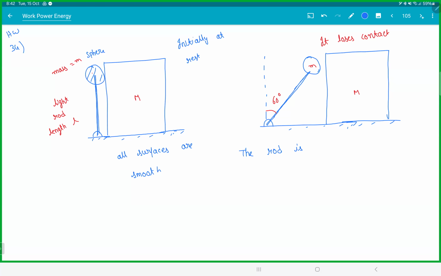Initially, both are touching each other. The rod is slightly disturbed. A gentle push, almost zero velocity, which then pushes the block. So the block also will start moving. They lose contact when the angle becomes 60 degrees.